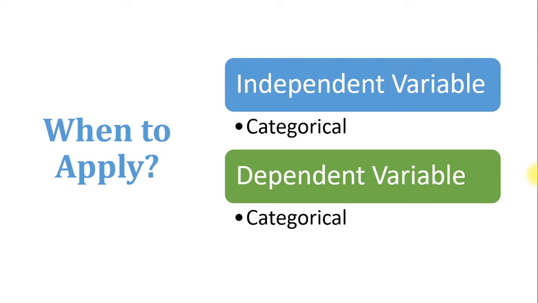Dependent variable is like smoking habits. So we have categories like the person is a non-smoker, current smoker, or a past smoker. So when we have two categorical variables, one independent, one dependent, we come across such a situation, then only we could apply a chi-square test.